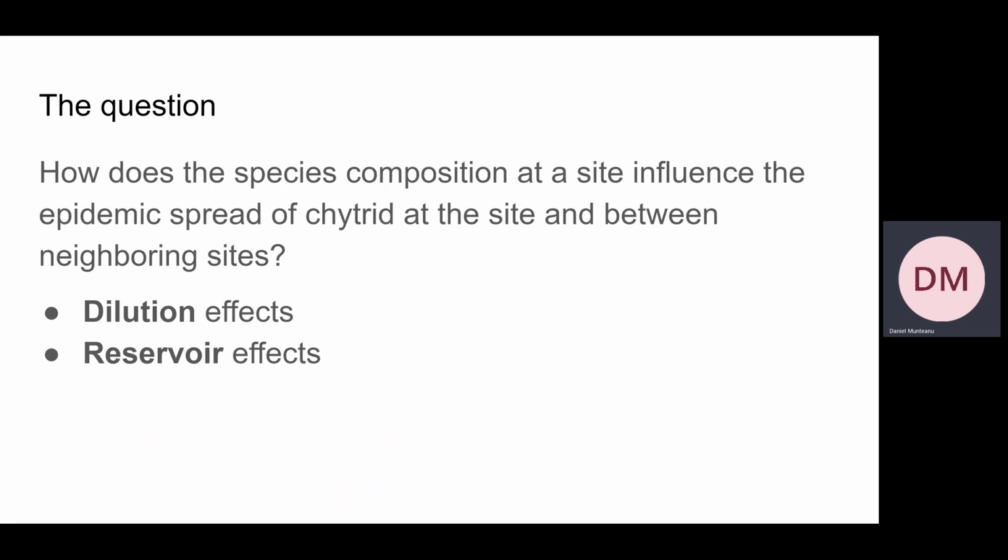And we are also interested to see, if there is migration between neighboring sites, how different species can spread the disease, not just in one individual compartmental model, but with neighboring sites. And our eventual goal is to make this into a network model, although that didn't materialize in time for this presentation.